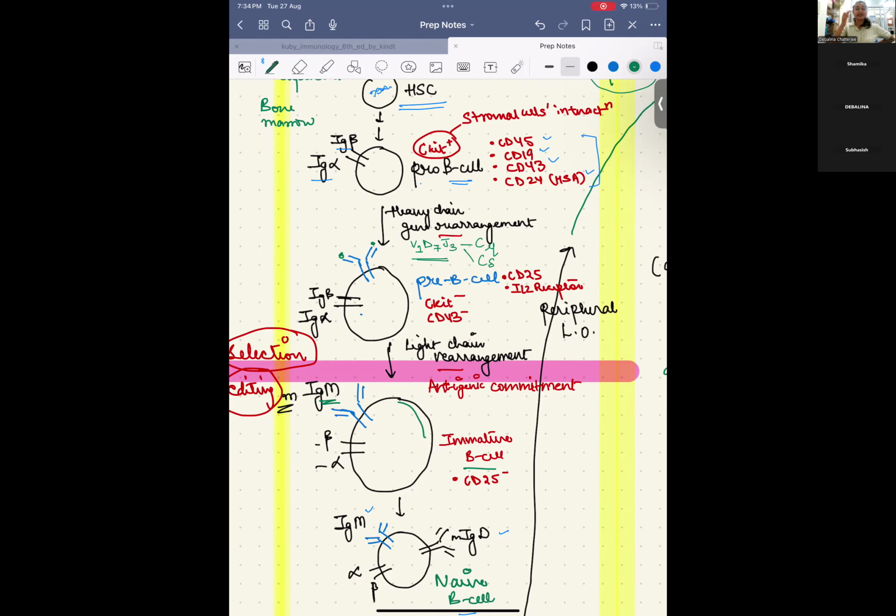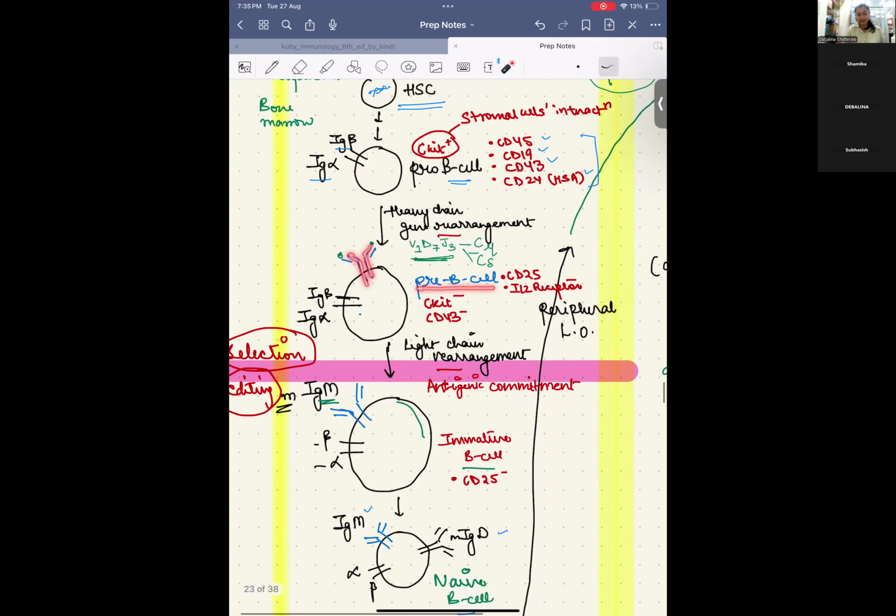Splicing and polyadenylation happen, which ultimately results in the same cell having this variable region with C mu as well as this variable region with C delta. Both these heavy chains are now going to be expressed on the pre-B cell.